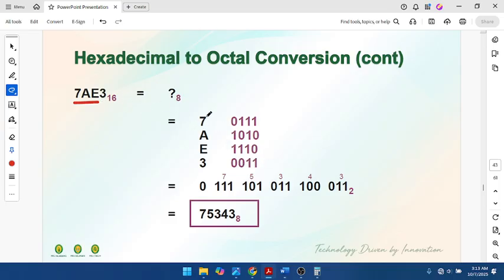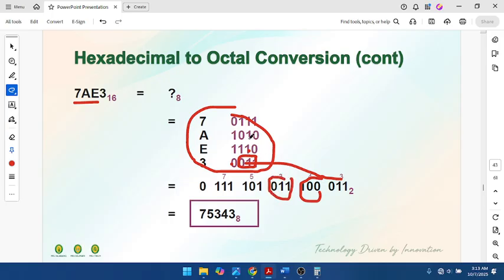Again, this is the answer from earlier. If we group this, this is one group, 100, then 011, then 101, then 111. Ignore this one since we are already grouped.